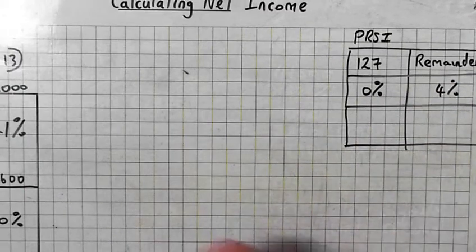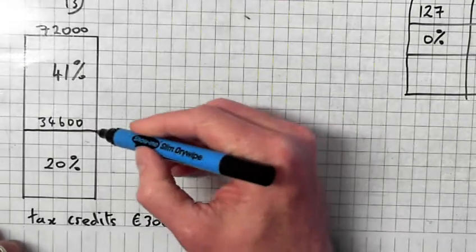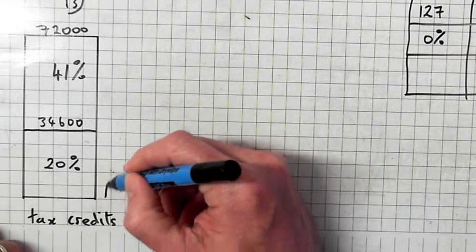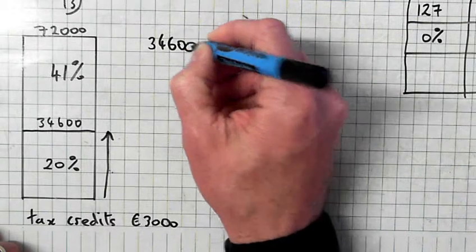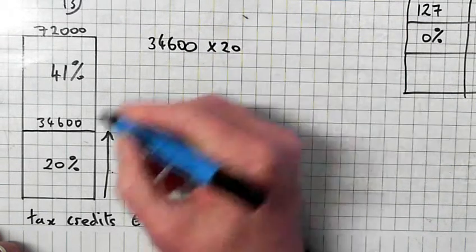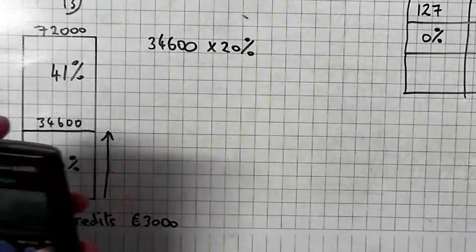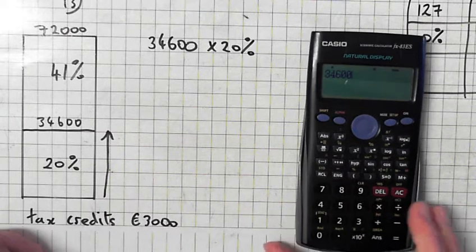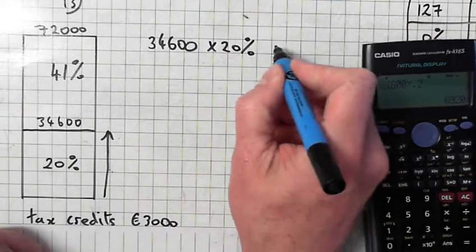Okay, so first of all we'll calculate the tax over here. On the first 34,600 we have to calculate tax at 20%. Which is 34,600 times 20%, 6,920 euro.